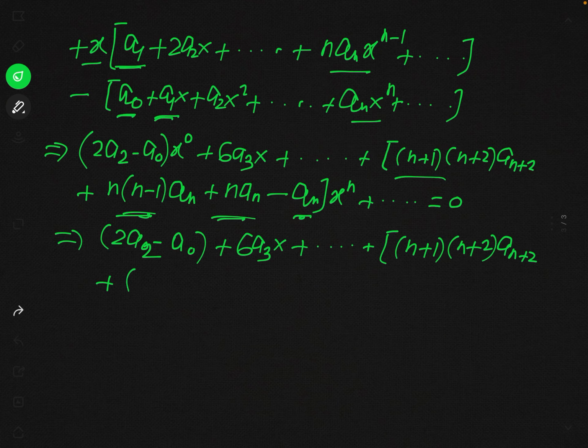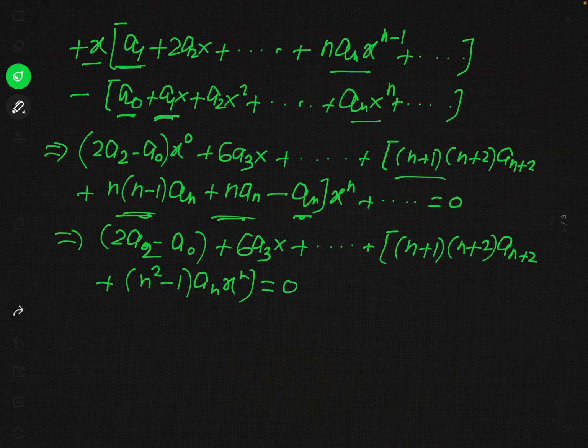Then we will get n square minus 1 into a n into x to the power n, and this will be equal to 0.